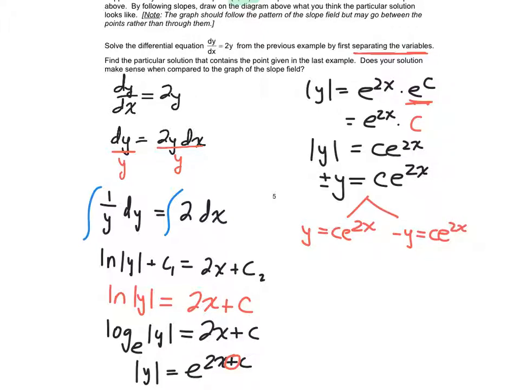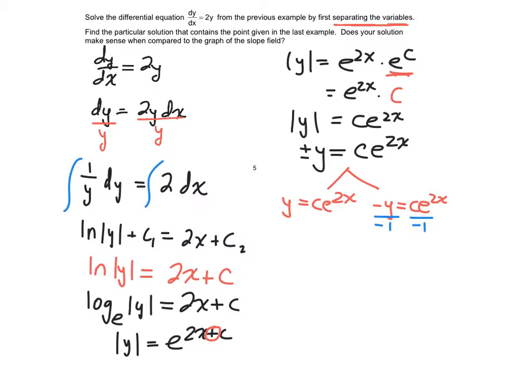The left-hand equation is fine. For the right-hand equation, I can divide out the negative 1. What's going to happen when I divide c by that negative 1? Yeah, exactly. y is going to be equal to c e to the 2x, because the constant is going to absorb the negative 1.